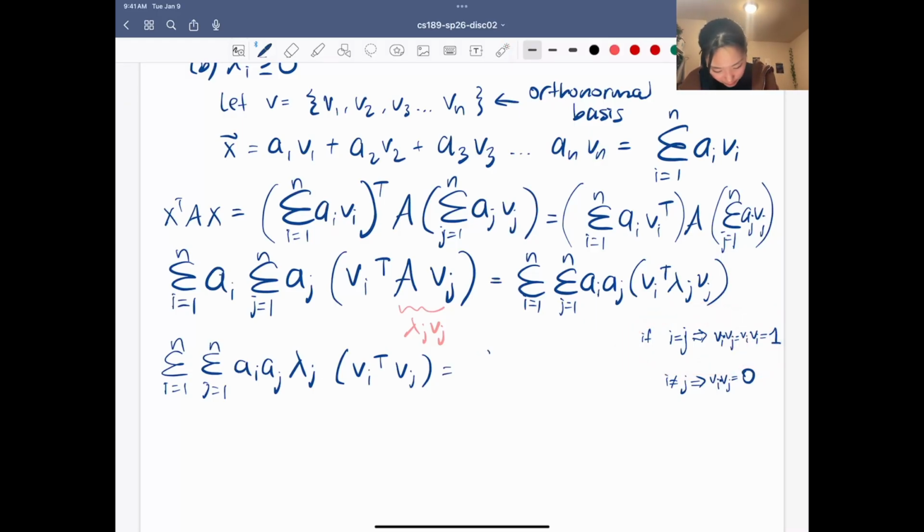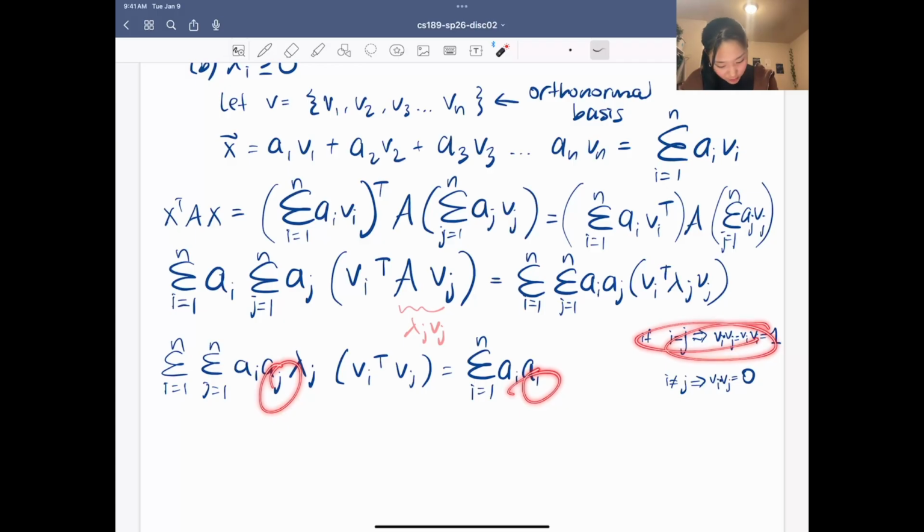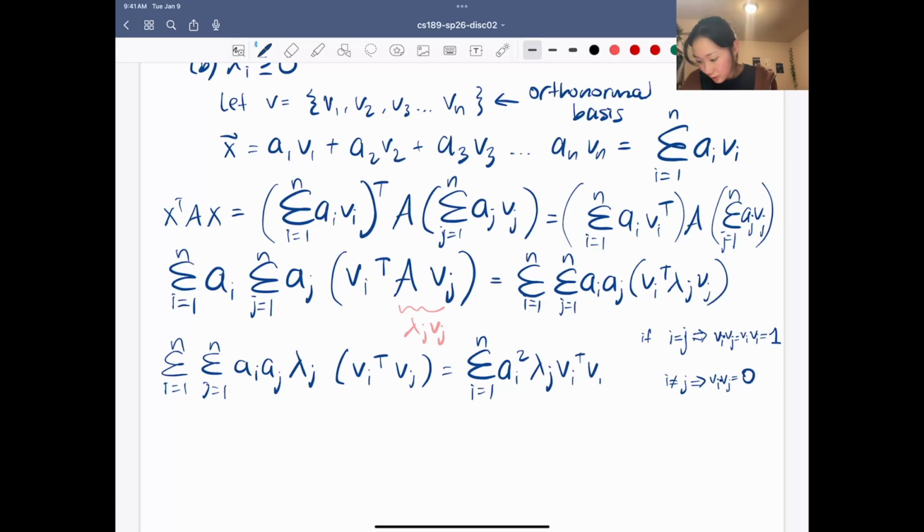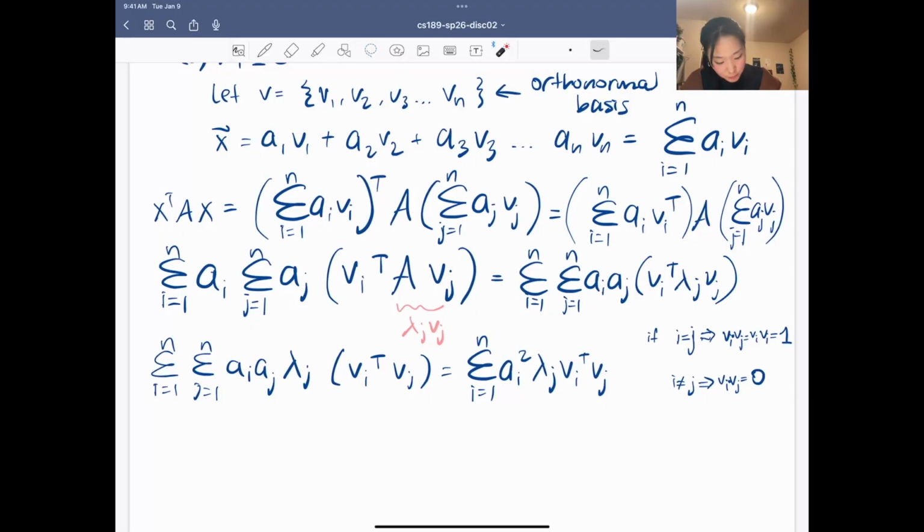We can rewrite this as the summation from i equals 1 to n of ai times ai, where j has now been turned into an i because they're literally the same over here, which is equivalent to ai squared. We still have the lambda j, and then we have vi transpose vi.